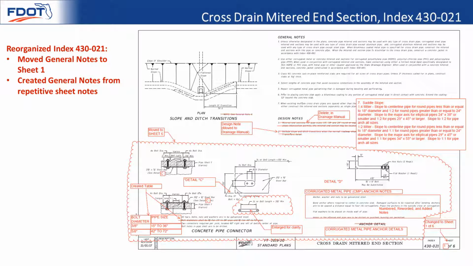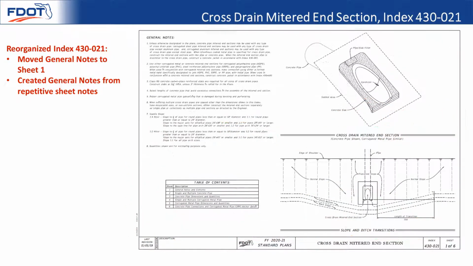We also created general notes from repetitive sheet notes. In this case, we had the note on saddle slope, so it was on multiple sheets in the actual index. So we went through, created a general note, so we were able to remove the repetitive notes in the same index.